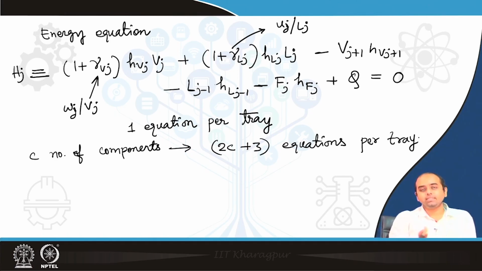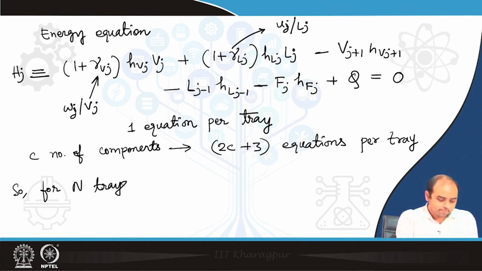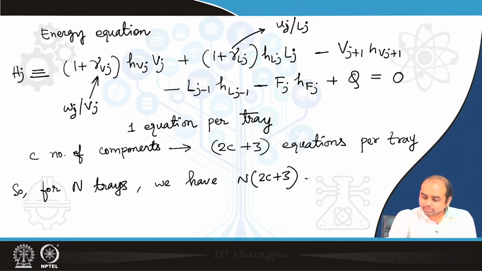C number of material balance equations, C number of equilibrium equations, 2 summation equations, and 1 energy equation. So total you are having 2C plus 3 number of equations. So for n trays, we have n into 2C plus 3 number of equations, isn't it? That needs to be solved.